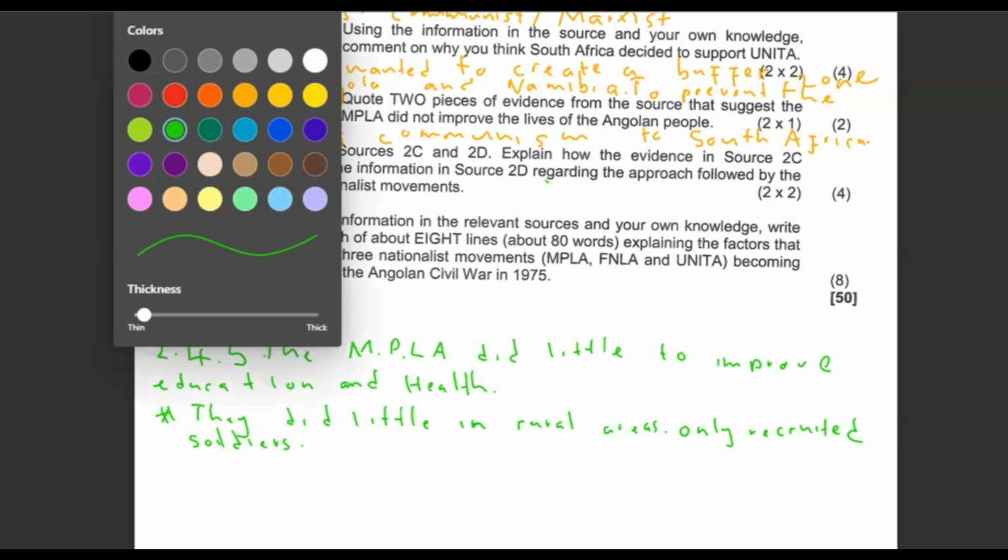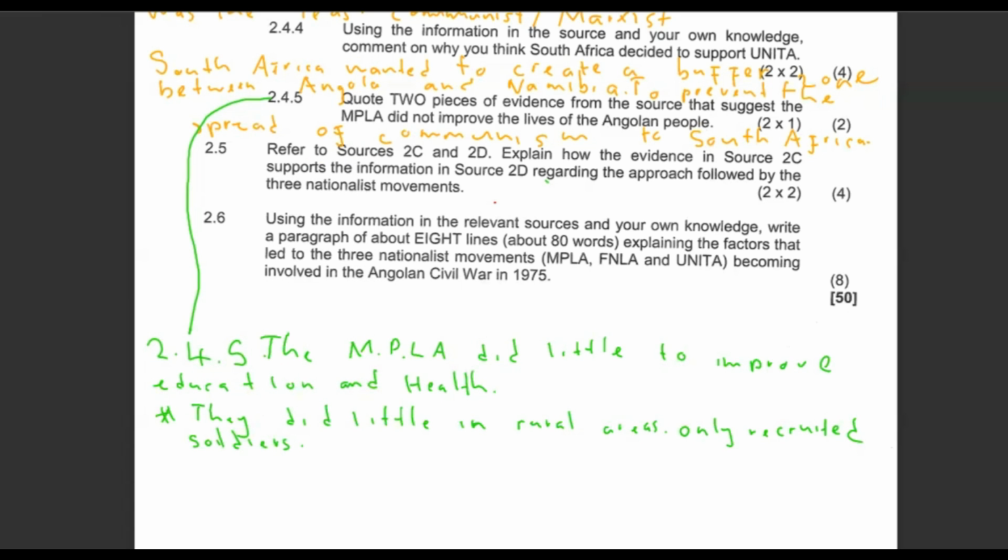So now moving on to the next question, which is 2.5, which requires us to look at sources 2C and 2D. Explain how the evidence in source 2C supports the evidence in source 2D regarding the approach followed by three nationalistic movements. If you look at these sources, let's refer back to them.